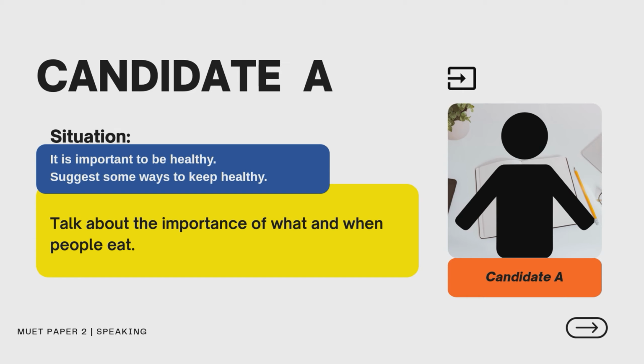For today's lesson, we will look at the task given to candidate A. Situation given, it is important to be healthy. Suggest some ways to keep healthy. And candidate A will have to talk about the importance of what and when people eat.